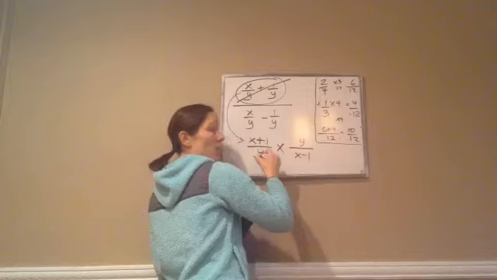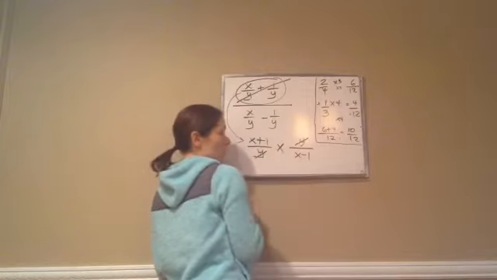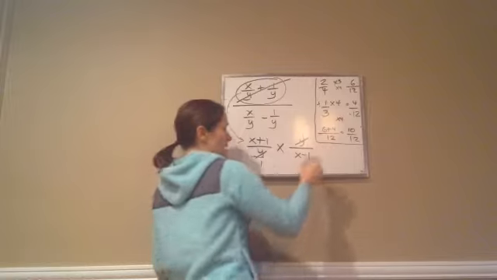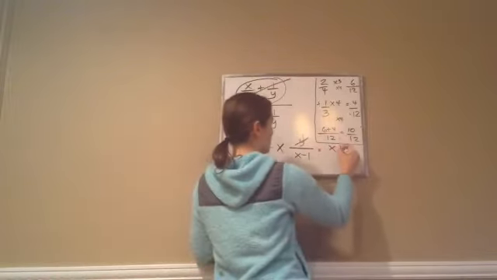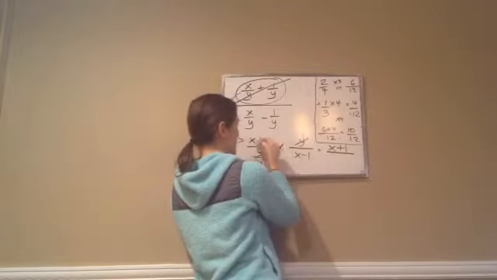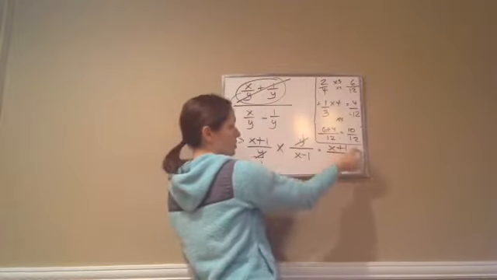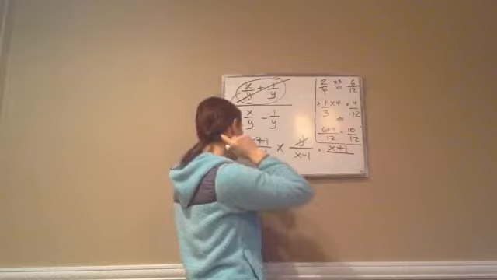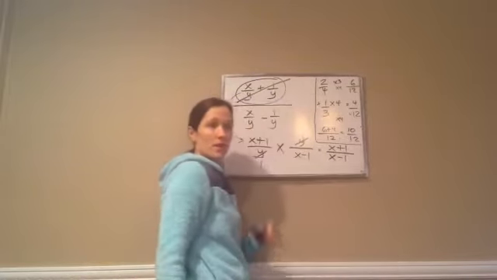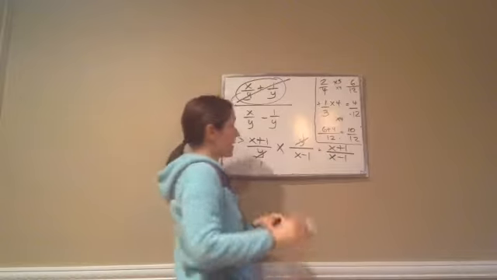Y can cancel, right? It could just become 1 and 1, if that's how you want to do it. Okay, and so then you get the final answer, x plus 1 on top, because this would be 1 times that, which is still that. And then x minus 1 on the bottom. Final answer. Okay, got it?